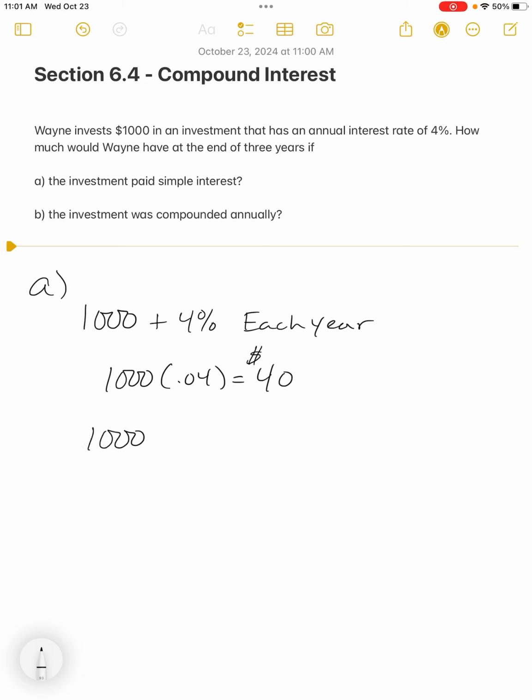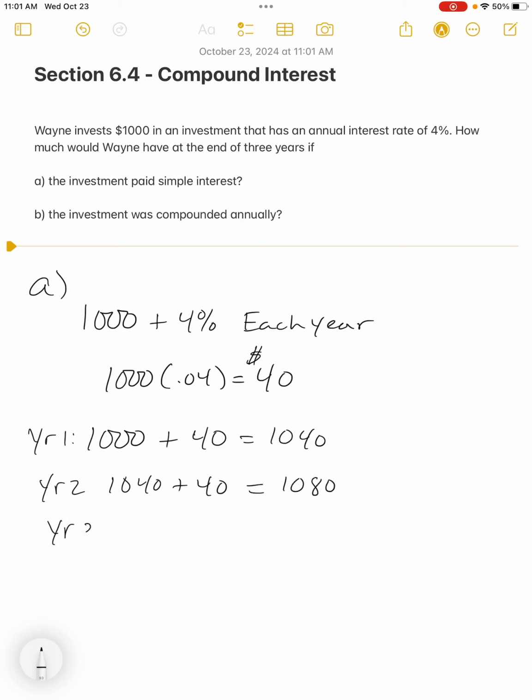So here's my original $1,000. At the end of year one, I'll have $1,040. At the end of year two, I would take my 1,040 and add another 40. So I'm now up to 1,080.